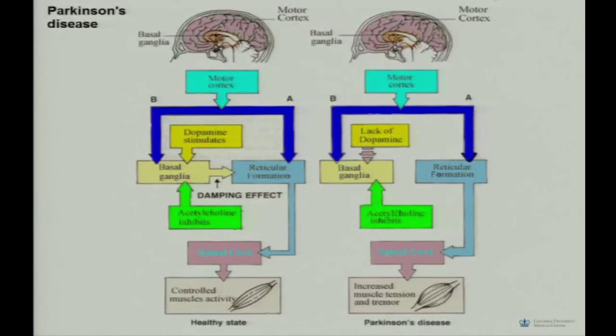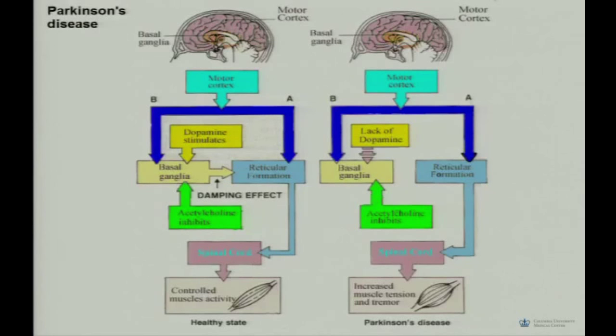So the basal ganglia's normal function. Over here we've got a schematic of how the basal ganglia interacts with the motor cortex, spinal cord and skeletal muscle in order to do its job in refining motor movements. The basal ganglia processes a motor command, right?